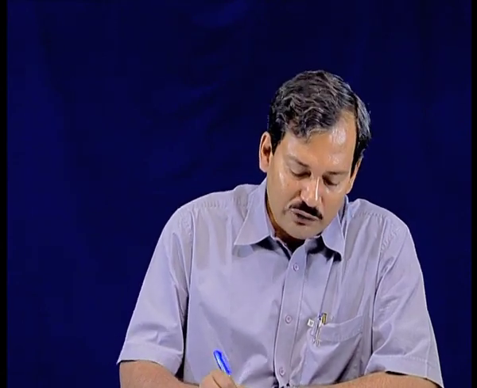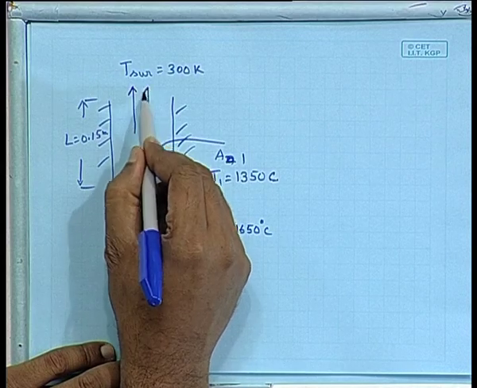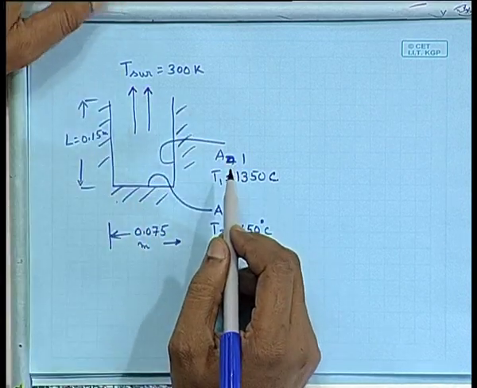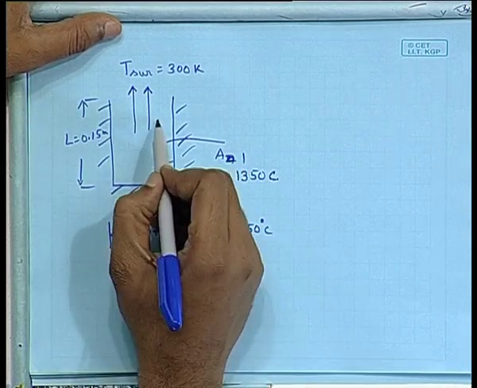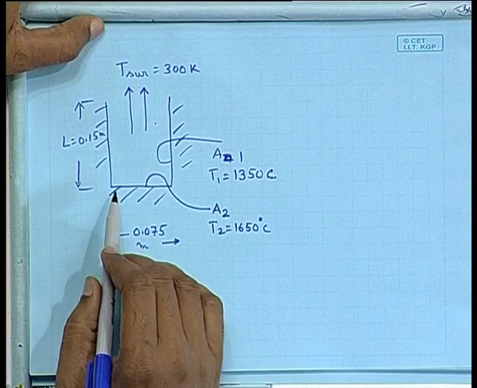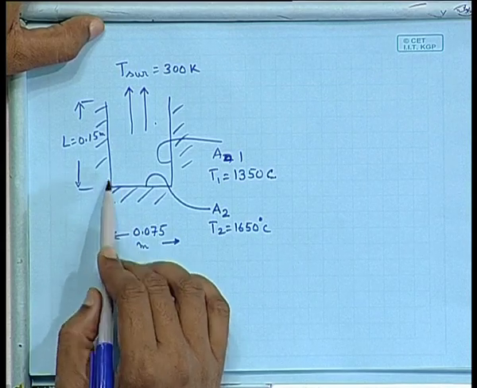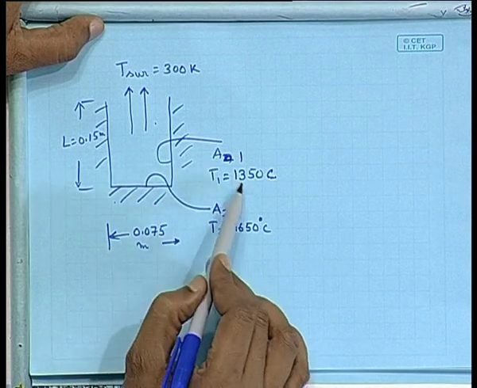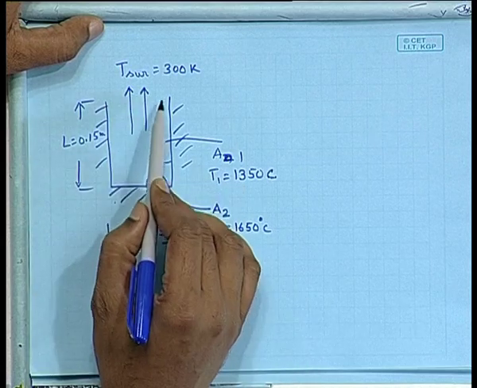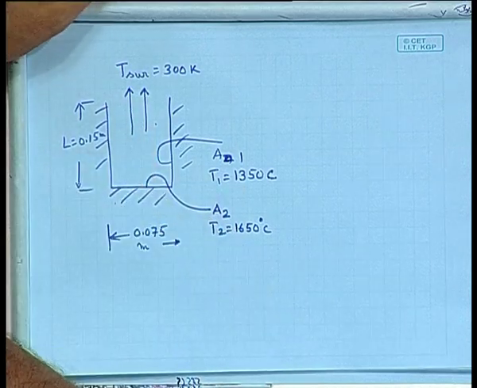Anyway, I would like to find out the total amount of energy, the power, the thermal energy required to maintain this condition. That means A2 would be at 1650, A1 would be at 1350. This is open. So how do I find out the total amount of energy that has to be supplied to the cylindrical cavity to maintain its temperature at the respective temperatures?